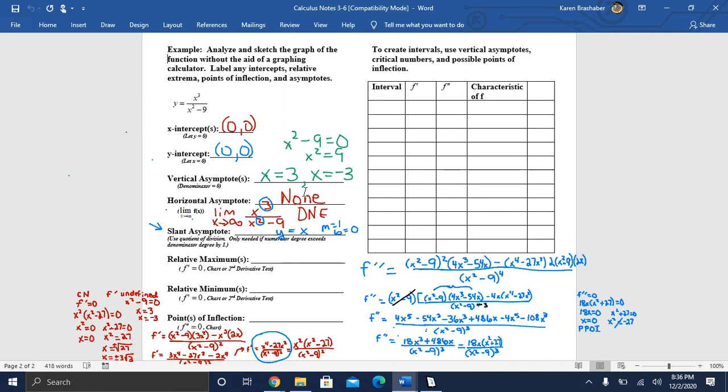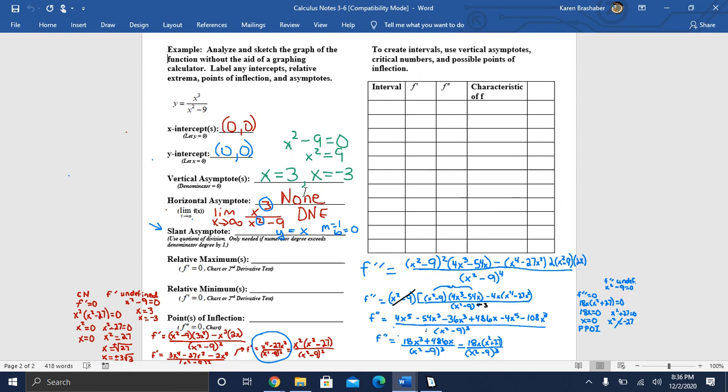Remember that for f double prime undefined, we would set your denominator equal to 0, but we've already done that. X squared minus 9 equals 0. This would be the third time that we would have looked at that. We would get the 3 and the negative 3, and we already know that those are vertical asymptotes.